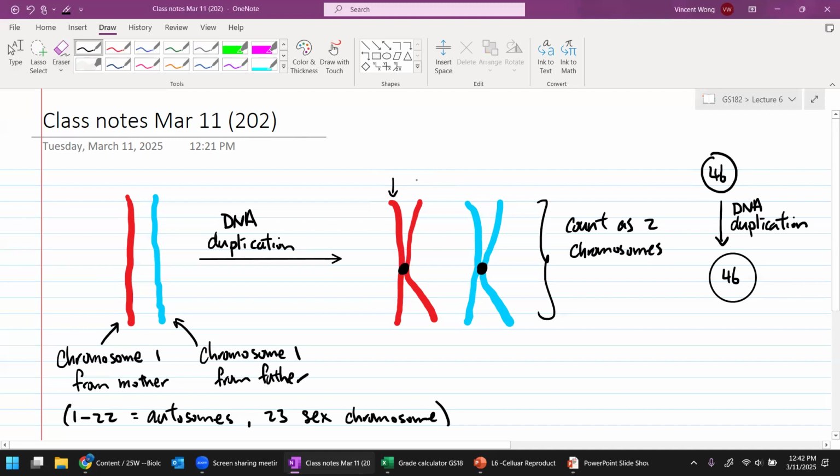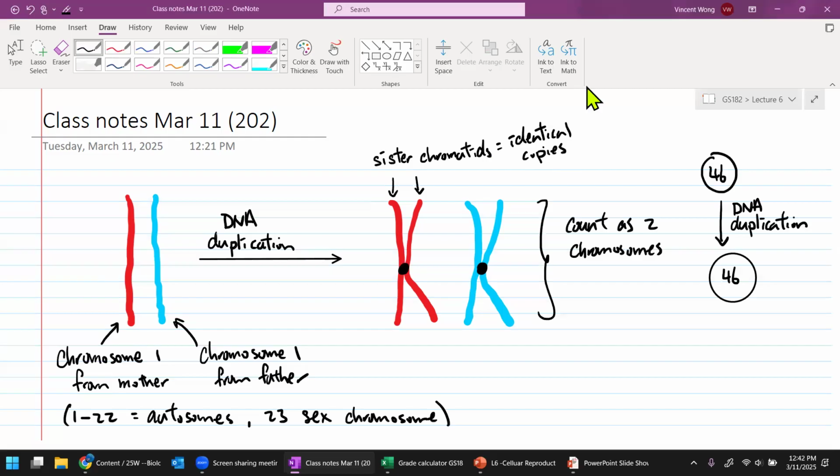Now, what do you call these copies that are identical to each other? Those are called sister chromatids. They are identical copies.